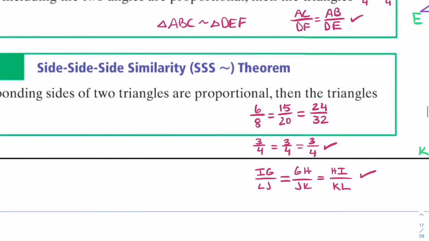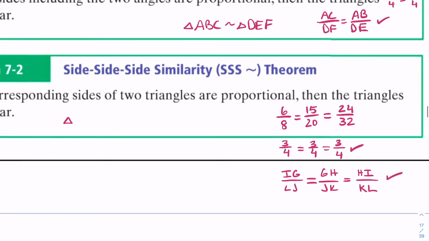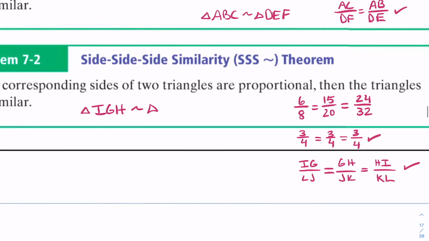So if you have three sides that are proportional, you can claim similarity by side-side-side. You always have to use that similarity symbol. So triangle GHI is similar to triangle JKL.